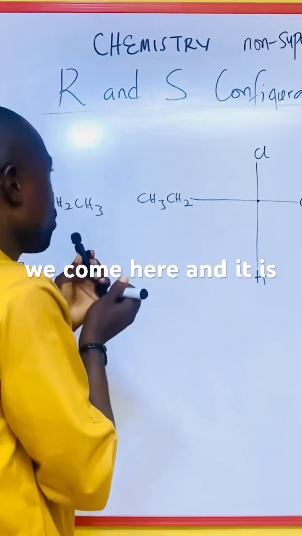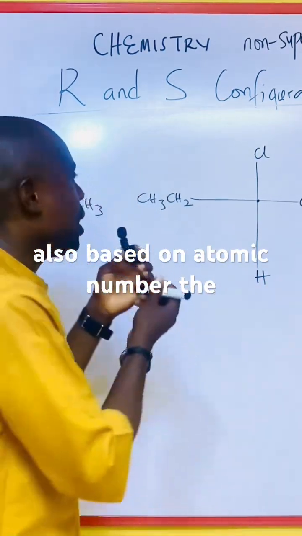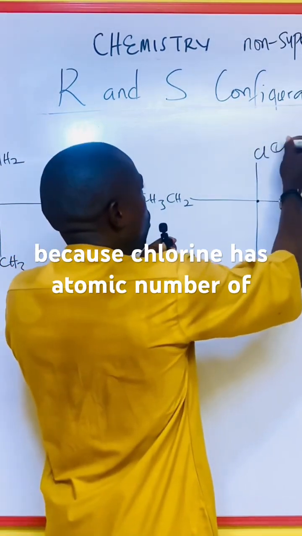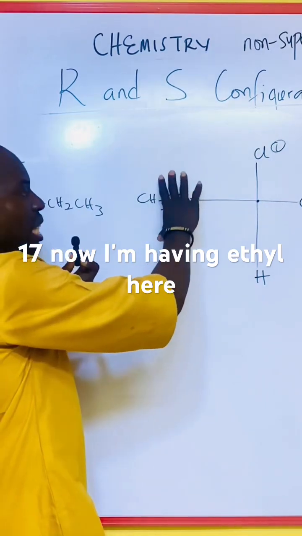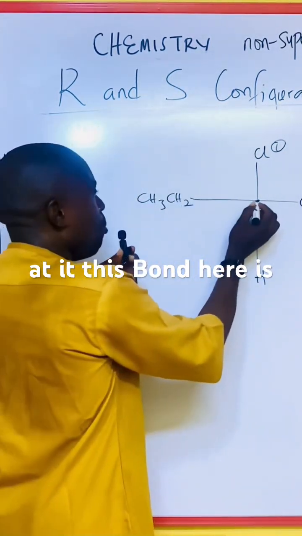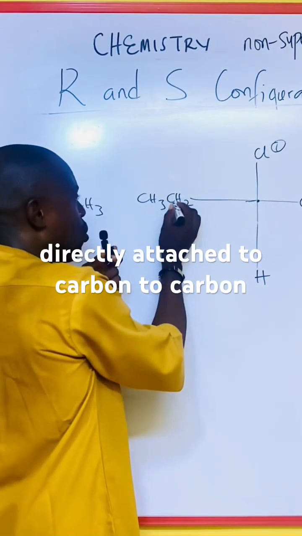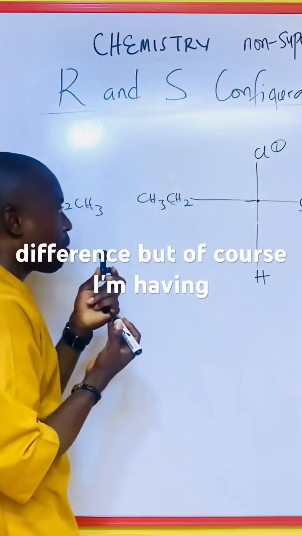So we come here, and it is also based on atomic number. The higher atomic number here is chlorine, because chlorine has an atomic number of 17. Now, I'm having ethyl here, I'm having propyl here. Now look at it. This bond here is directly attached to carbon. So carbon here, no difference.